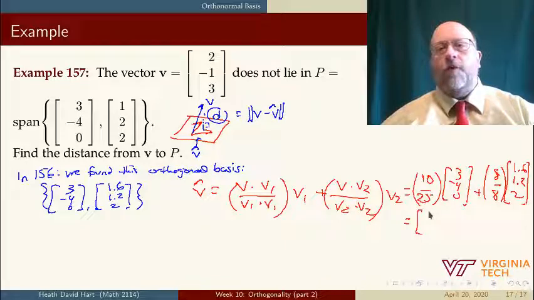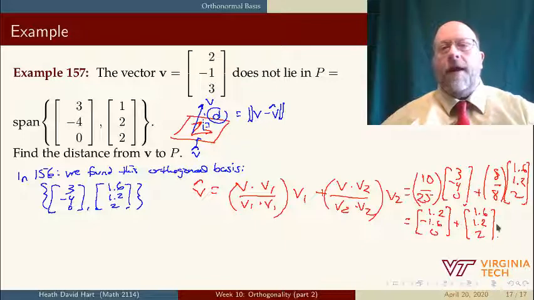2/5 times 3 is 6/5. That's 1.2. 2/5 times negative 4 is 8/5. That's negative 1.6. 2/5 times 0 is 0. 8 over 8 is 1. So this is 1.6, 1.2, and 2.